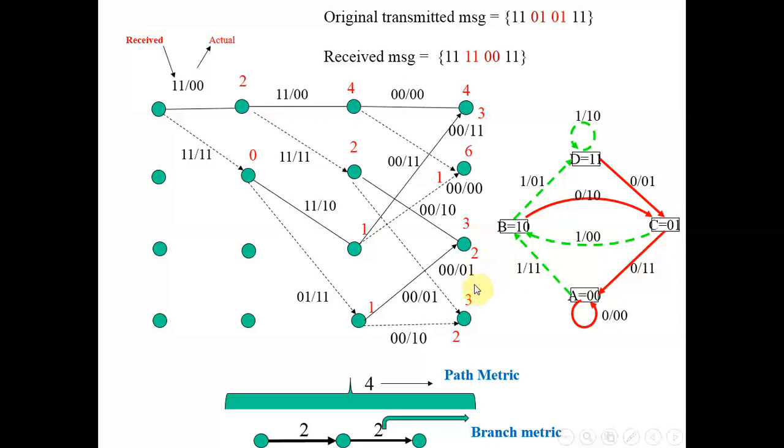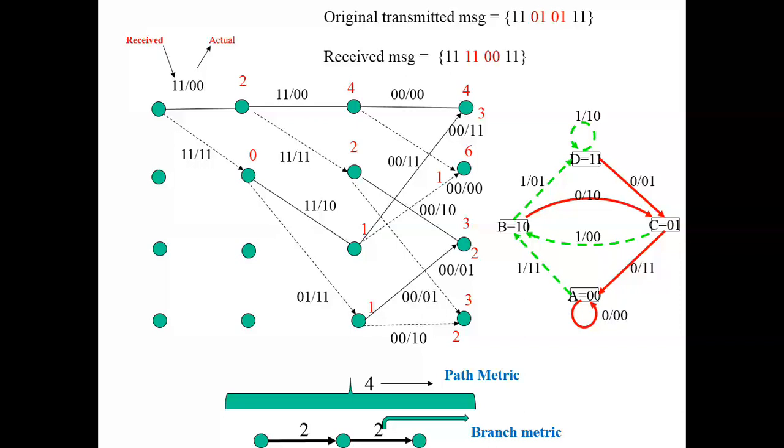Now one question is, suppose I am at this elimination state and hypothetically assume that there is this node, for example, suppose this value is also 2 and this value is also 2. So you have come across a situation where you are in the elimination stage and that node is receiving 2 different inputs and both the inputs have a total error count of 2.